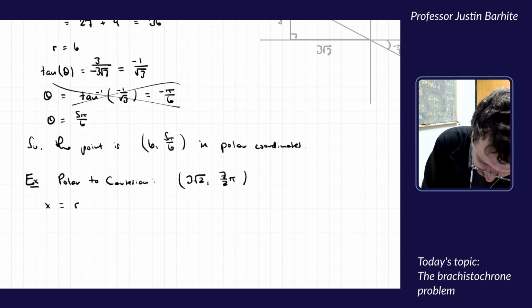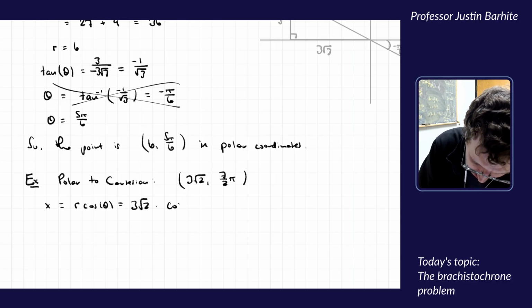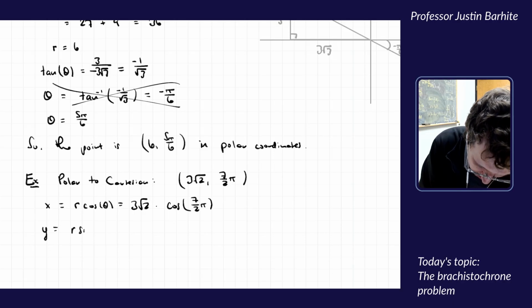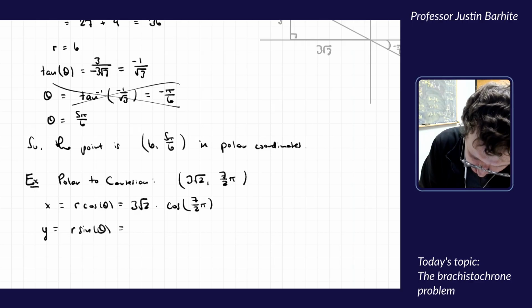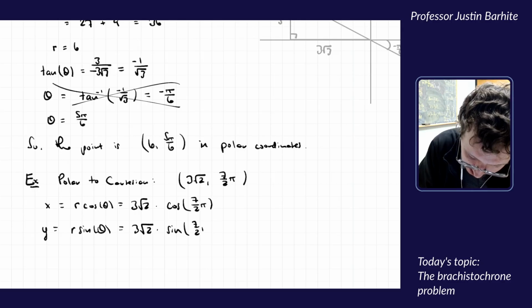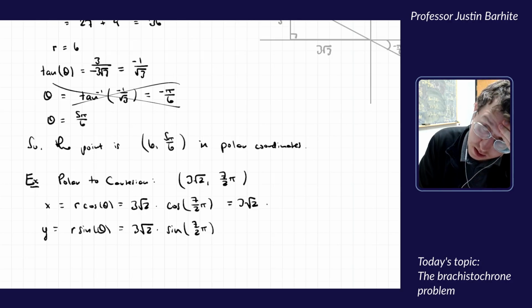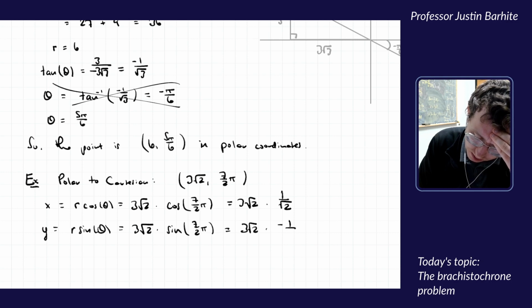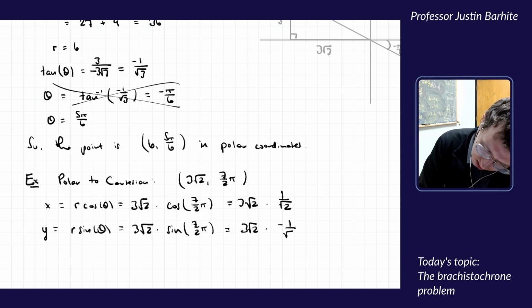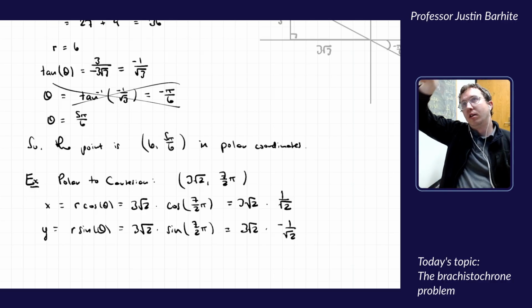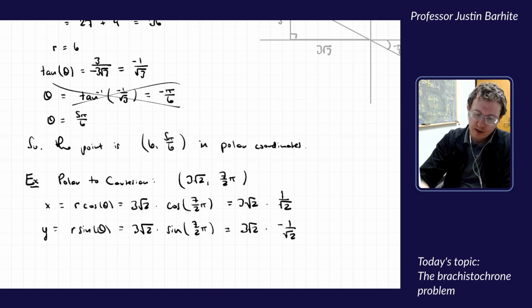X is just going to be r cosine theta, which is 3 root 2 times cosine of 7/2 pi, and y is r sine theta, which is 3 root 2 times the sine of 7/2 pi. The angle 7/2 pi has a cosine of 1 over root 2 and a sine of minus 1 over root 2. 7 pi over 2 is in the fourth quadrant, so x is positive and y is negative.